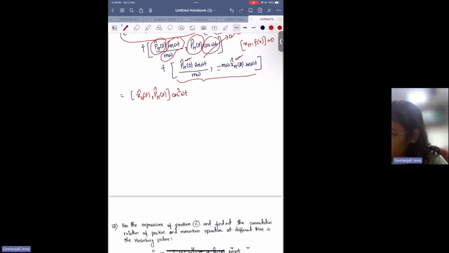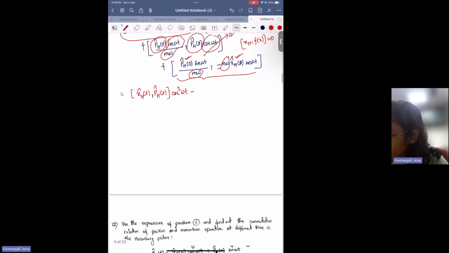There is a minus here, so let's pick out the minus, and there is 1 divided by m omega here and an m omega here, so when you multiply them they cancel with each other. So I am not writing that constant. The resultant is 0 and 0. The constant term is sin square omega t.